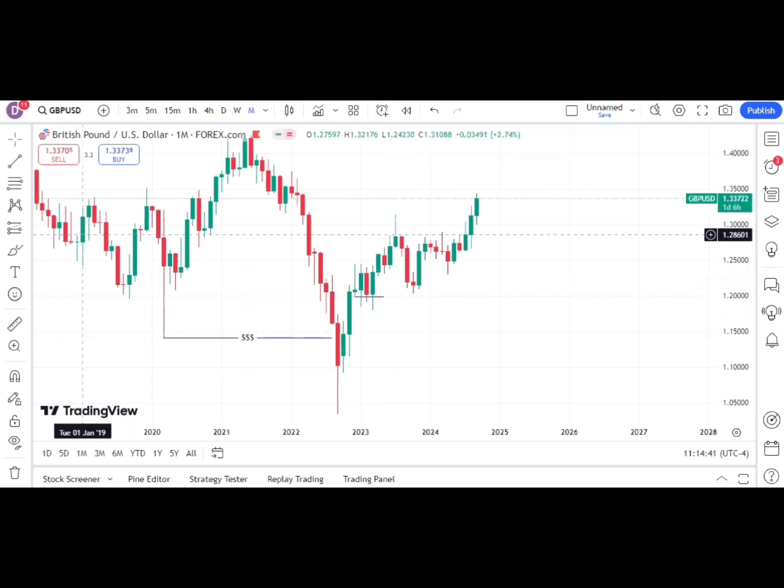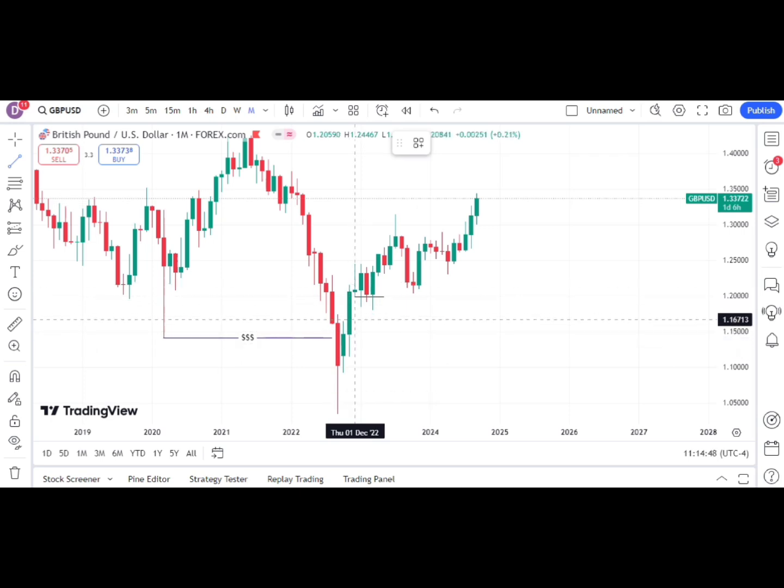A fair value gap is when price starts going in one direction and doesn't give the opposite traders the opportunity to sell. It's just like my mentor Michael J. Augustine made a representation of what a fair value gap is.